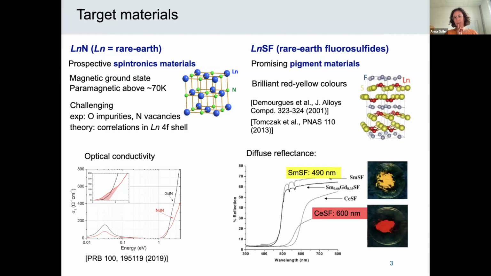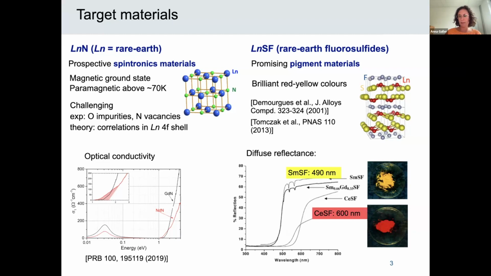And the second one are the rare earth fluorosulfides. And they are interesting as pigment materials because they show nice colors. So here in the bottom right corner, you can see the measured diffuse reflectance of the various compounds, especially samarium fluorosulfide, which shows this nice yellow color, while cerium fluorosulfide has this brilliant red color.